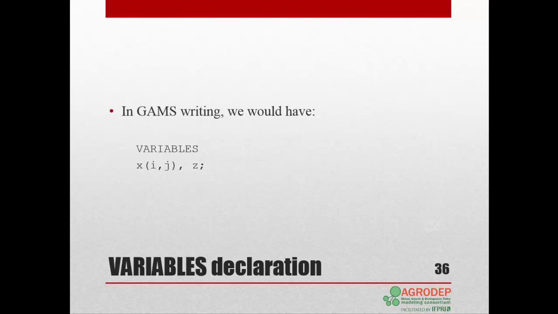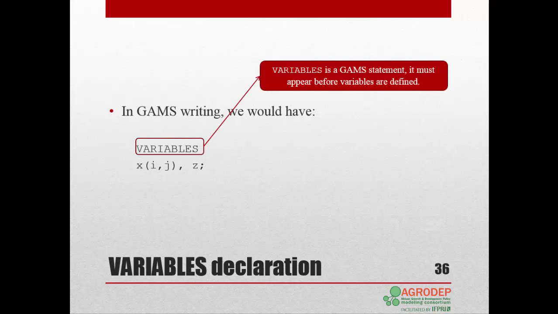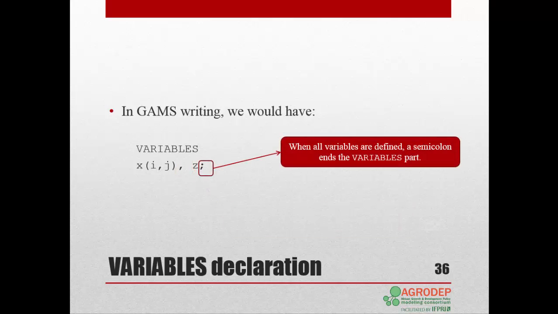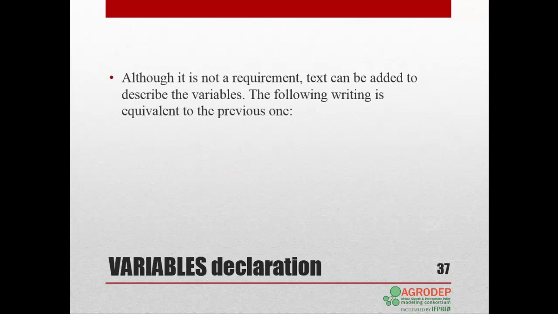In GAMS writing, variables is a GAMS statement, and it must appear before the variables are defined. Next, variables are defined. They are separated by a comma or an end of line. A semicolon marks the end of the variable statement.